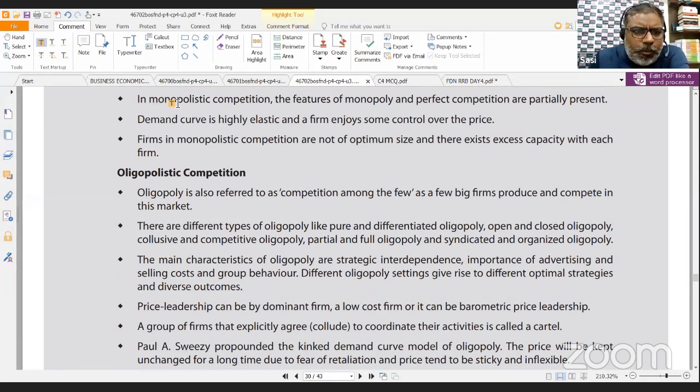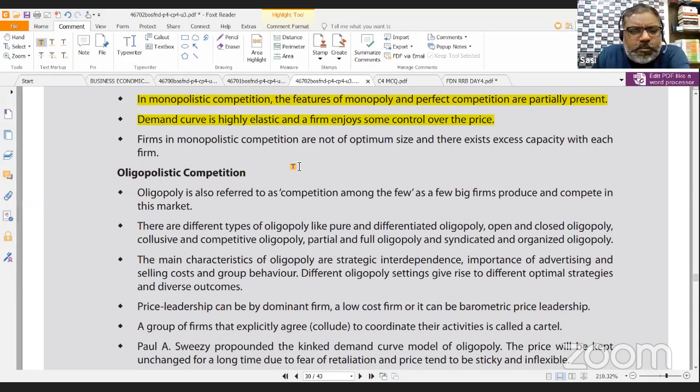And in monopolistic competition, the features of monopoly and perfect competition are partially present. So it is a hybrid thing, somewhere between monopoly and perfect competition. The demand curve is highly elastic and a firm enjoys some control over the price. Once again, if suddenly the price of a neem-based soap increases, we can shift to another brand of neem-based soap.